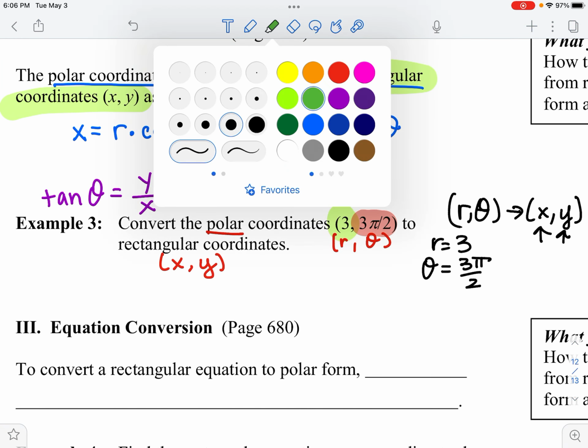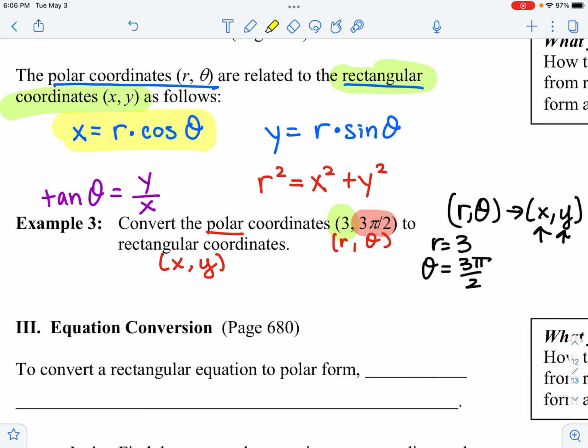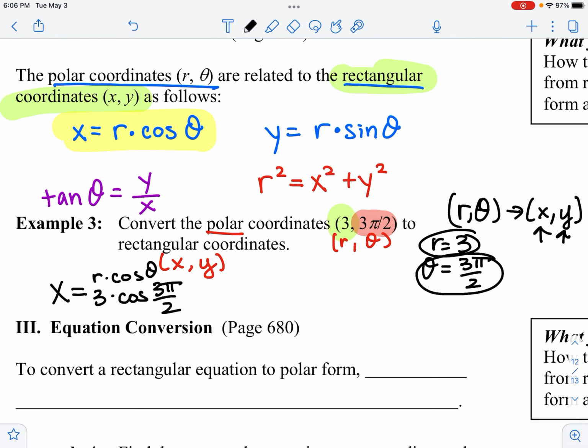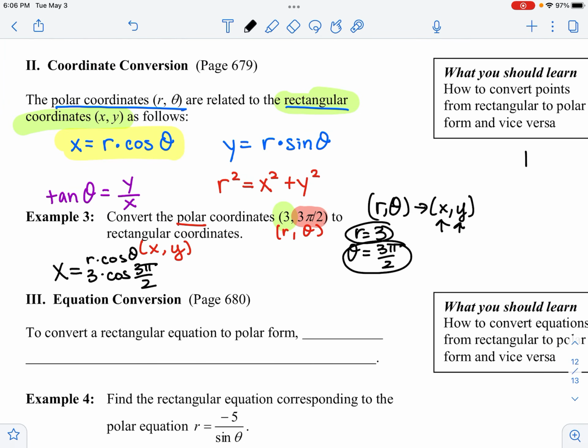What we know is that x right here is r cosine theta. So to find x, I'm going to say r, which is 3. So r times the cosine of theta is really 3 times the cosine of 3 pi over 2. Now remember, 3 pi over 2 is right here.